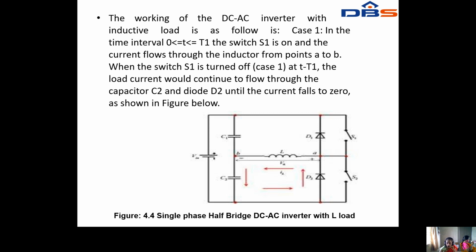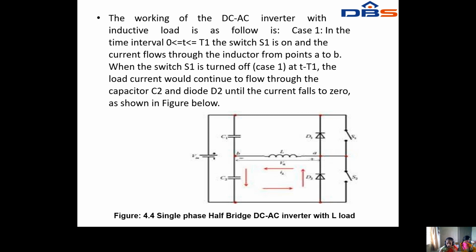When the switch S1 is on, the current flows through the inductor from point A to B. When switch S1 is turned off at T1, the load current continues to flow through capacitor C2 and diode D2, from D2 to A to B and C2, until the current falls to 0, as shown in the figure below. So this is case 1 operation of RL load.